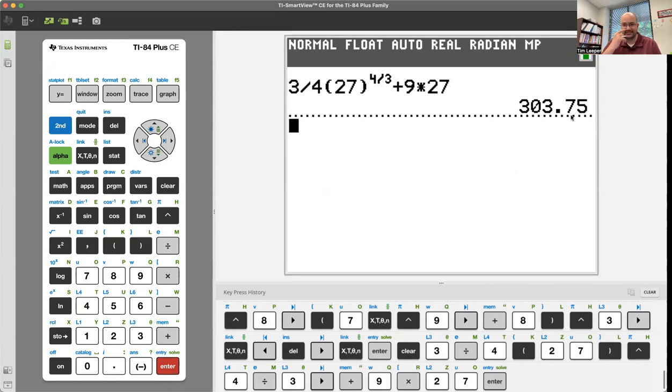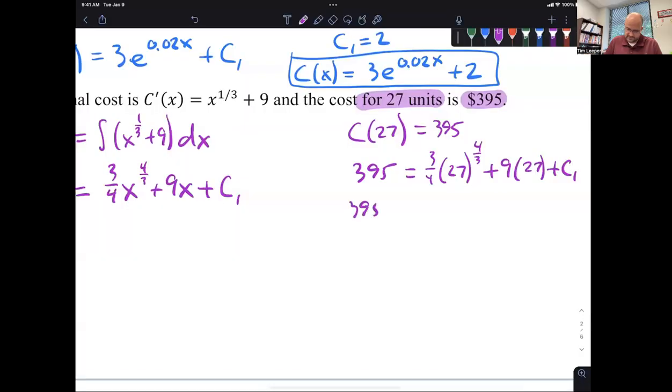I'm actually going to keep it as a decimal because we're talking about money here. So 303.75. So 395 equals 303.75 plus c1. Subtract the 303.75 from both sides.